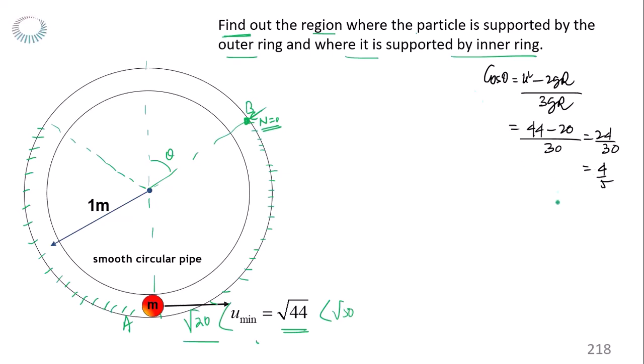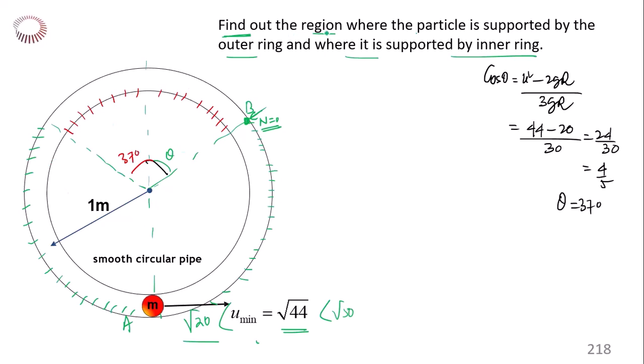So cos theta becomes 4 by 5, that means theta is equal to 37 degrees. So up to the angle 37 degrees, the particle is supported by the outer ring, and then the inner ring will be active. So inner ring will take care of this part. So the total region which is supported by the inner ring is 37 plus 37, that is 74 degrees.